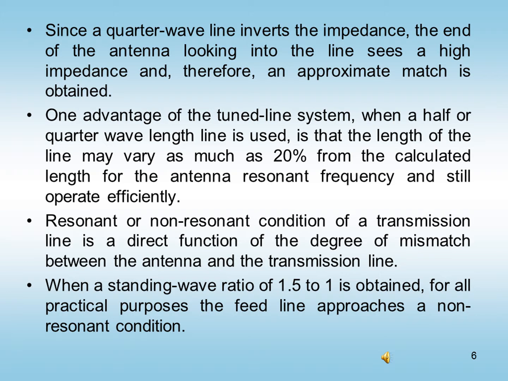So the resonant or non-resonant condition of the transmission line is a direct function of the degree of mismatch between the antenna and the transmission line. So we need to match the antenna and the transmission line. How much mismatching happens is a function of the resonant or non-resonant condition.